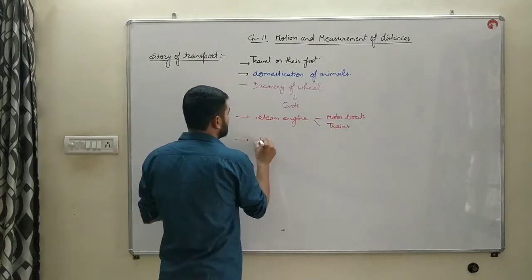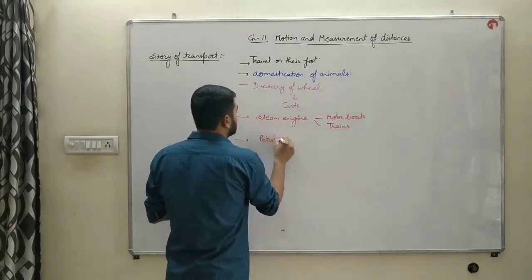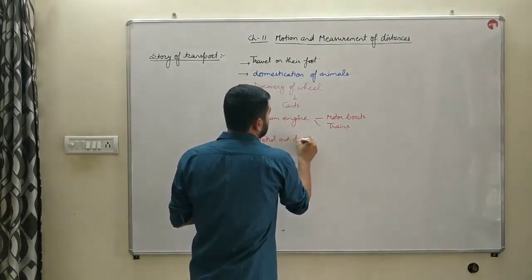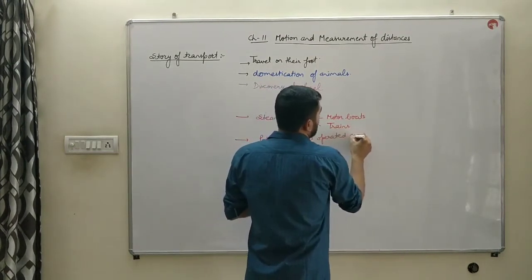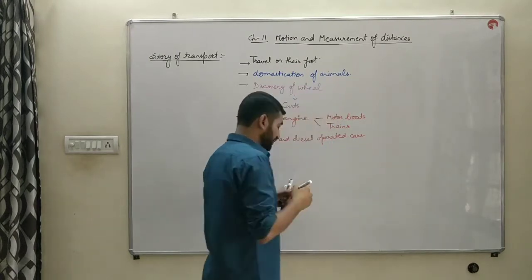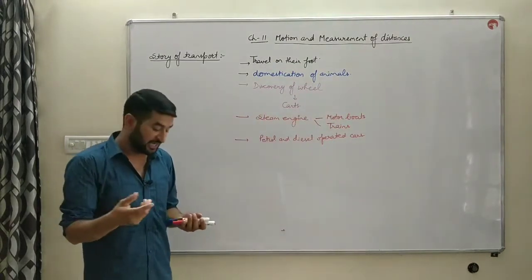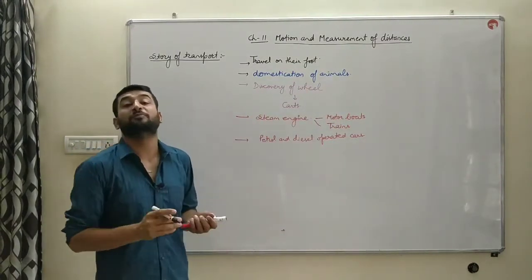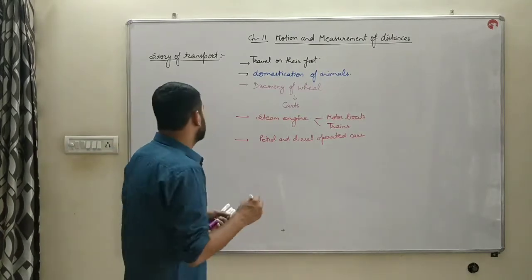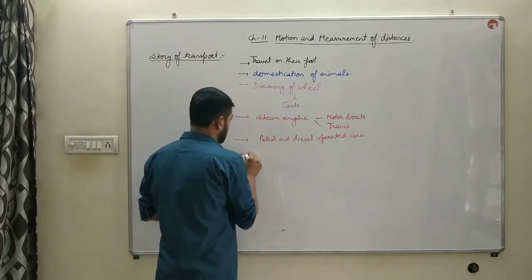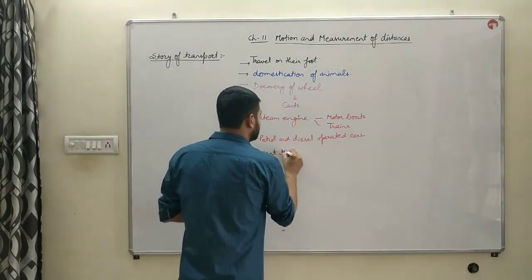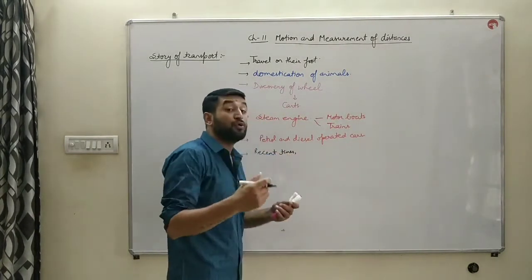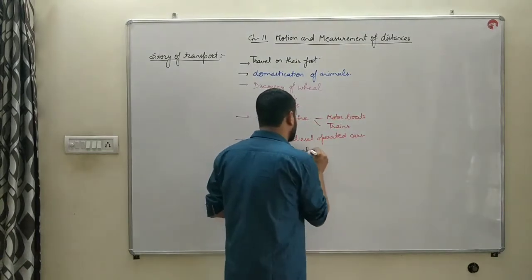But nowadays, petrol and diesel operated cars are used. We are using cars which are diesel or petrol based. Next, in recent times, we are more inclining towards electric vehicles.